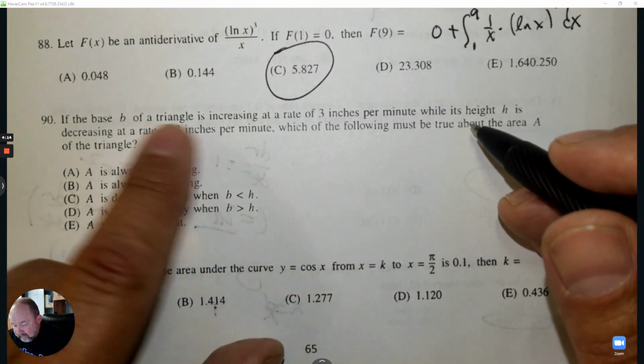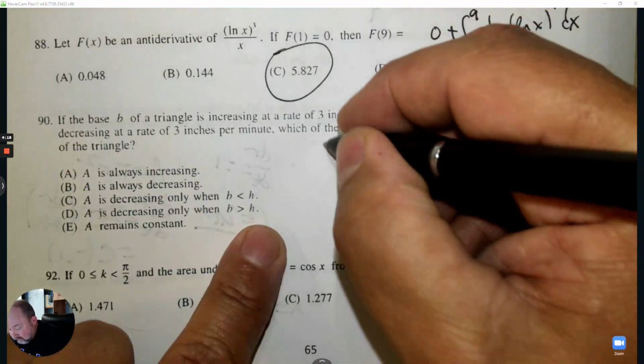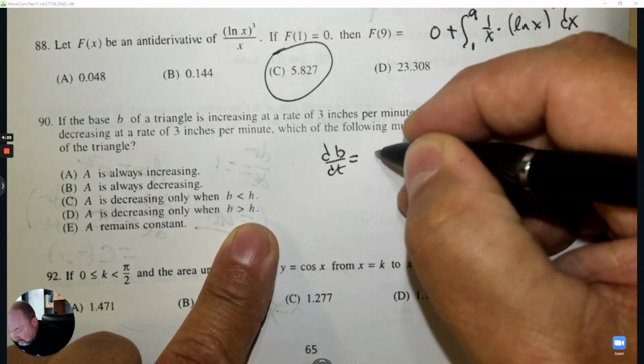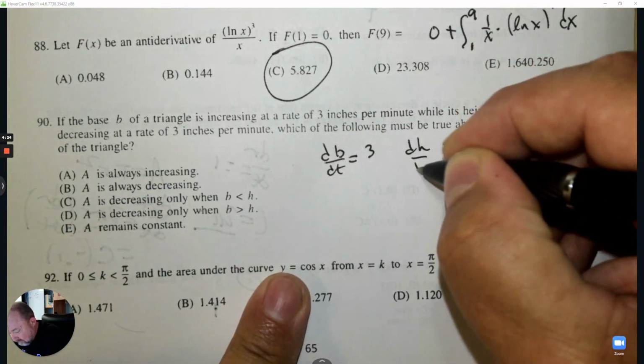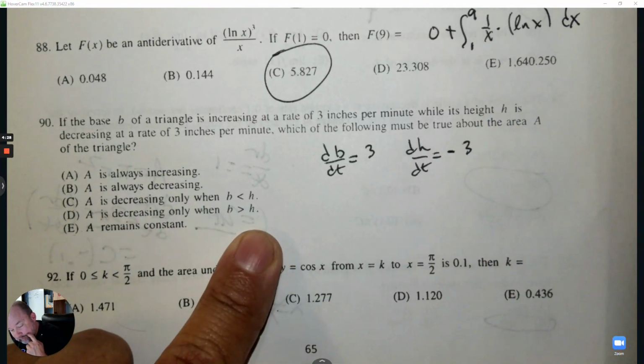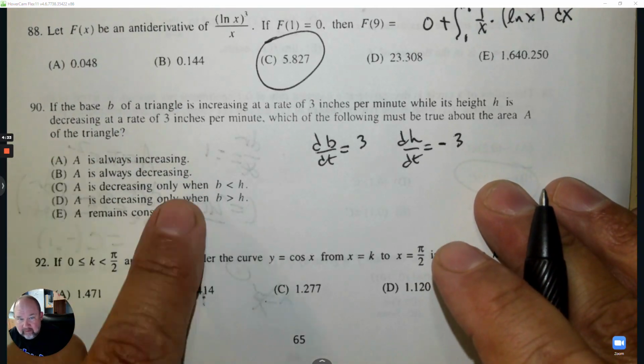The base B of a triangle is increasing at a rate of 3 inches per minute. Its height is decreasing. So the base is increasing, the height is decreasing. Which of the following must be true about the area of the triangle?